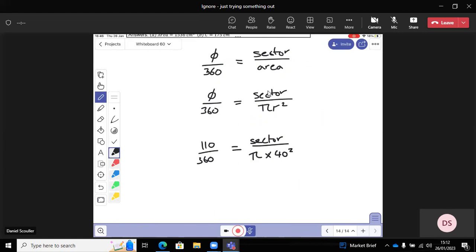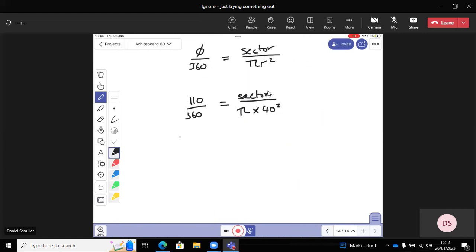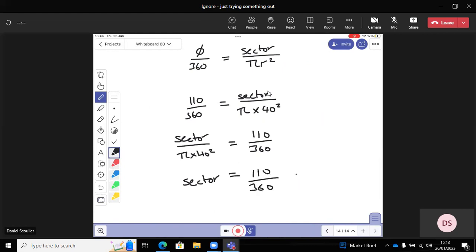Going to flip it, spin it round. So sector's on the left hand side, pi times 40 squared. That means I can move that whole bottom section. I could move them one at a time and write that out, or I could just move them both at the same time. So it's sector divided by both of those terms. So I'm just taking both of those terms across, multiplied by pi, multiplied by 40 squared.